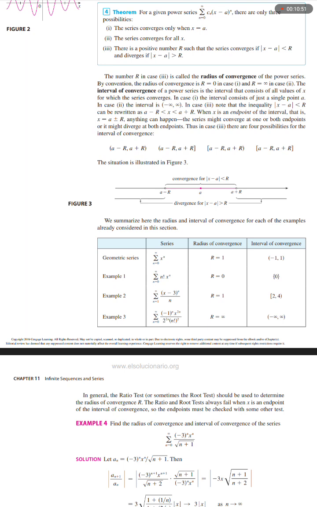In general, the ratio test, or sometimes the root test, should be used to determine the radius of convergence. The ratio and root test always fail when x is an endpoint of the interval of convergence, so the endpoints must be checked with some other test.